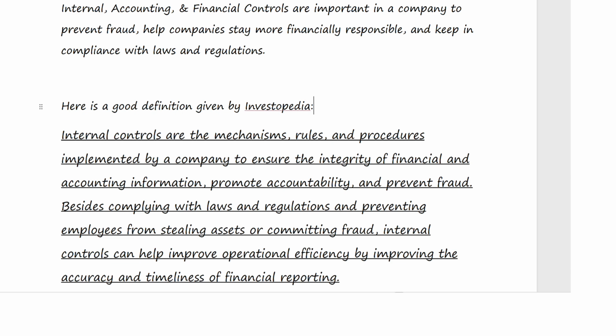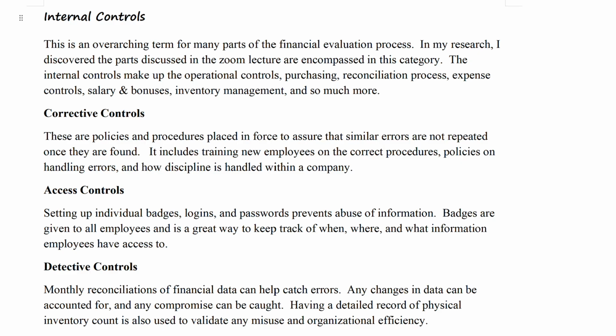It says internal controls are the mechanisms, rules, and procedures implemented by a company to ensure the integrity of financial and accounting information, promote accountability, and prevent fraud. Besides complying with laws and regulations and preventing employees from stealing assets or committing fraud, internal controls can help improve operational efficiency by improving the accuracy and timeliness of financial reporting.